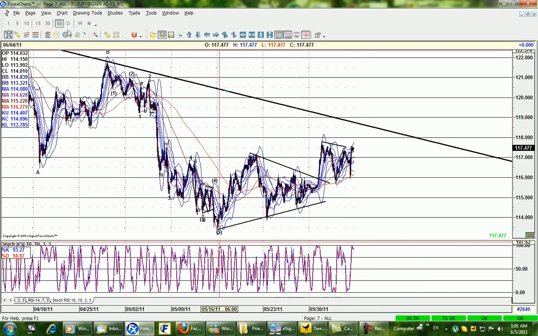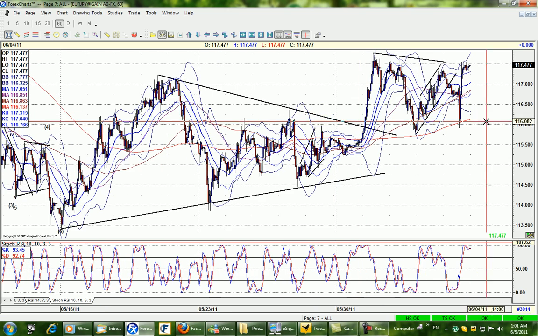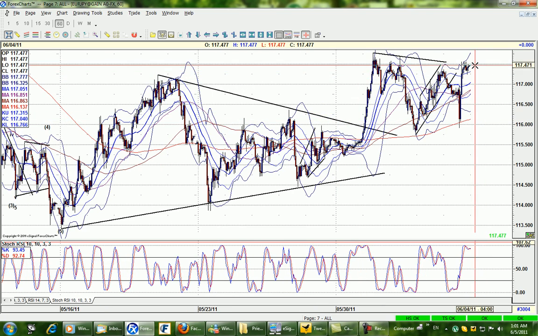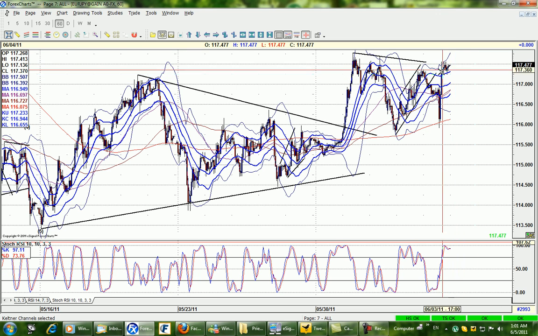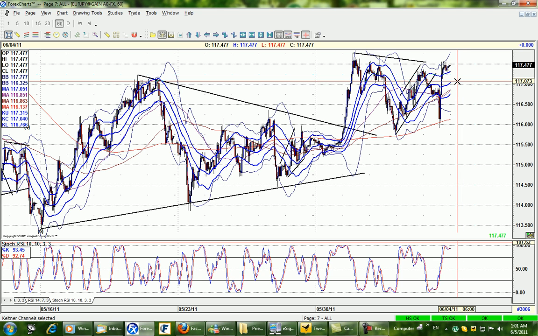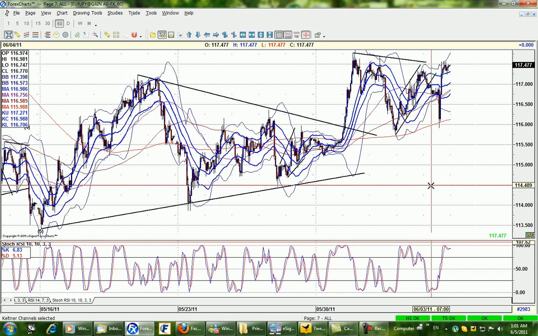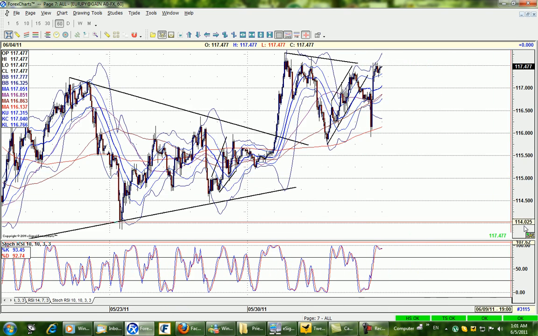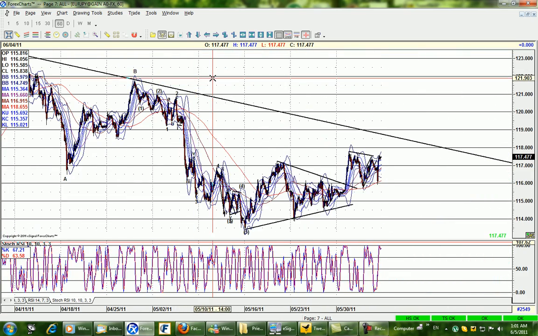So the trade here is longing the euro yen around these levels, and adding more as it moves a bit lower to test the 117 level or something, and the stops will be below 114.50, and the target is, I will close some as it tests the 121 level here.